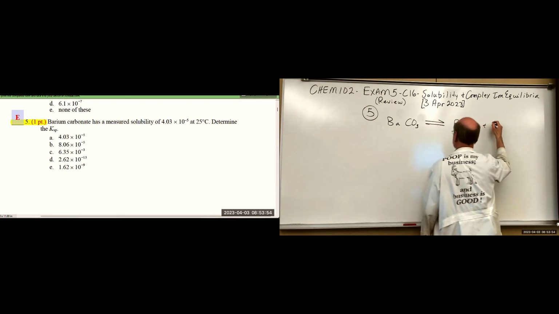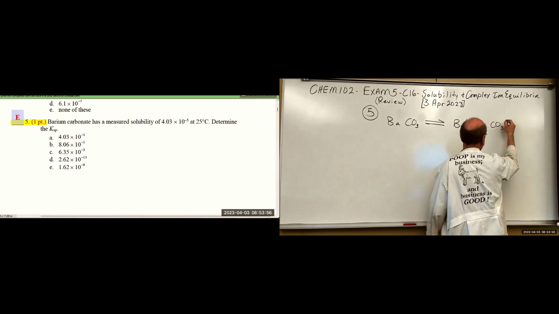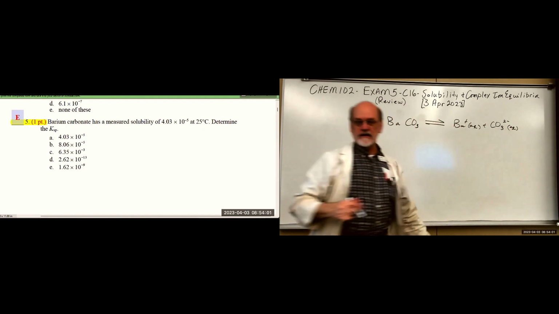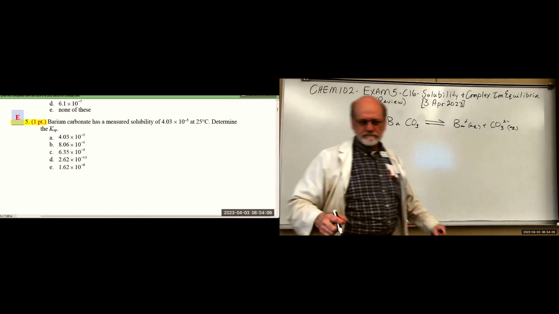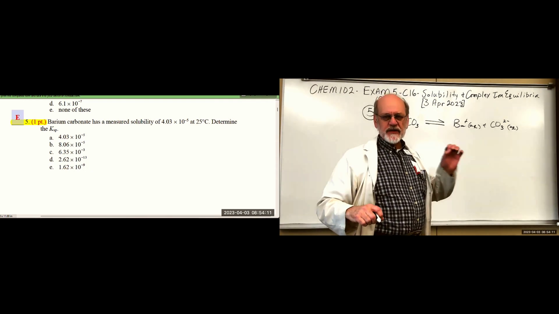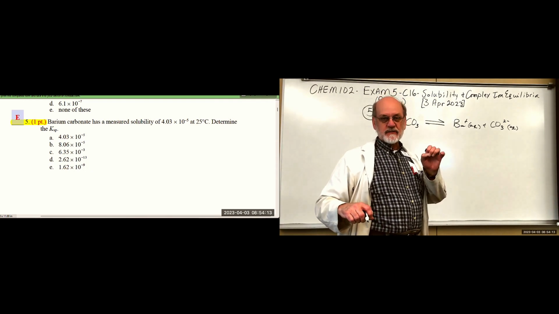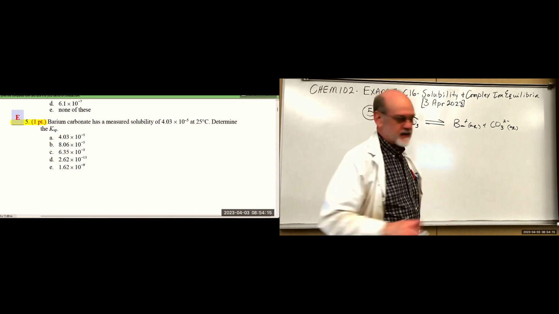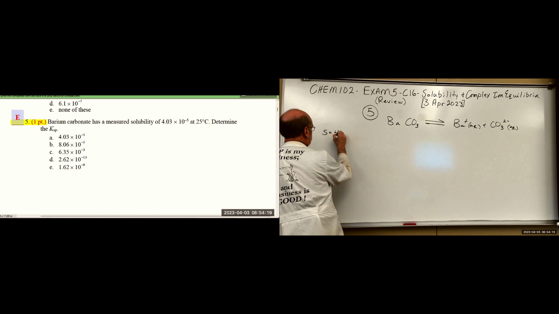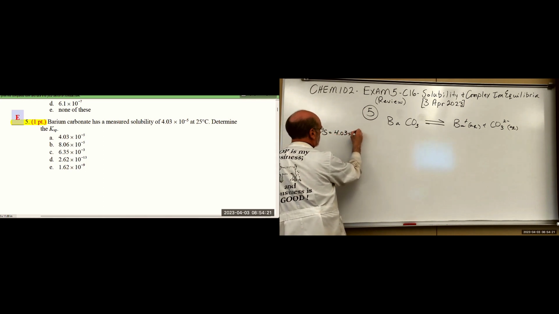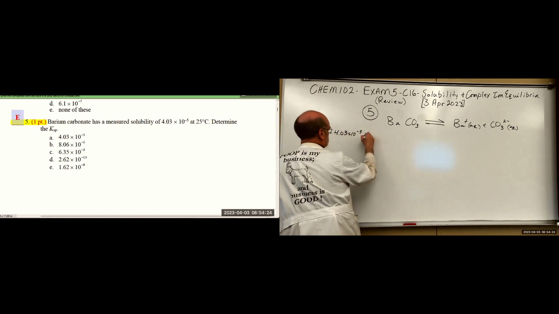So this is the equation we're basing our work off of. I just ended a sentence with a preposition. An English teacher's rolling over in her grave. Okay. The solubility is measured at 4.03 times 10 to the minus 5 molar.